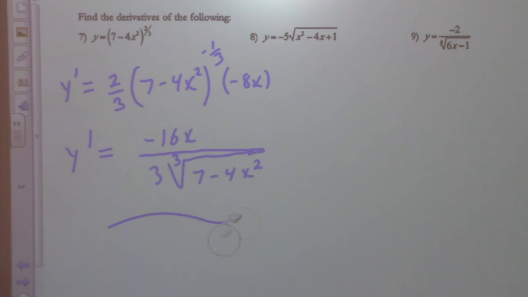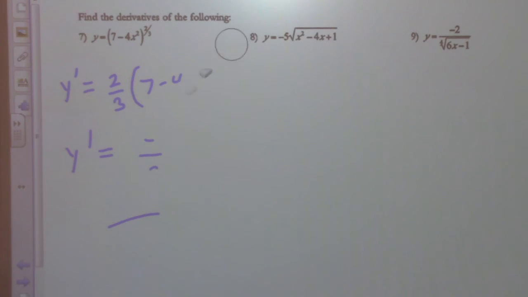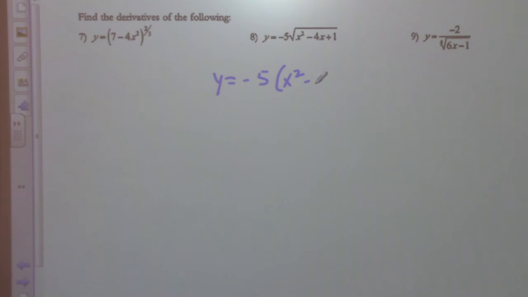So, it's getting used to things. Then we have other things like this one with 8. You take negative 5, and then you make this x squared minus 4x plus 1 to the 1/2 power. Then you apply your chain rule, times 1/2, to the negative 1/2, times the derivative of the inside.